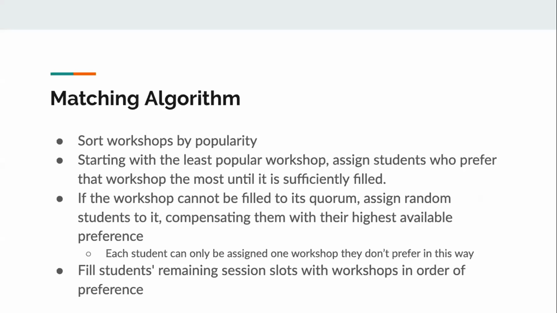So if a student is chosen at random and the algorithm determines that they've already been given a workshop as filler, that student will be deselected and another student will be chosen to be given the workshop at random. Finally, once each workshop fills up this way, this moves from the least popular to the most popular workshop.